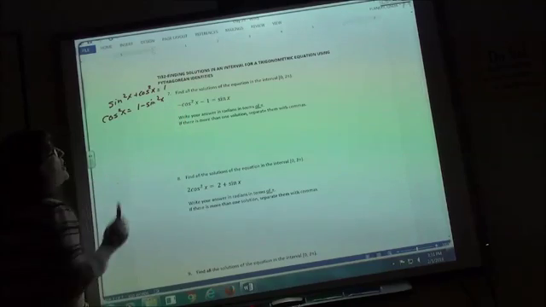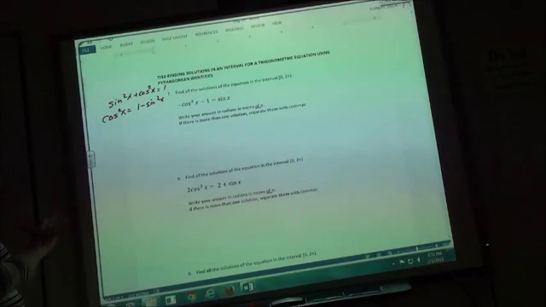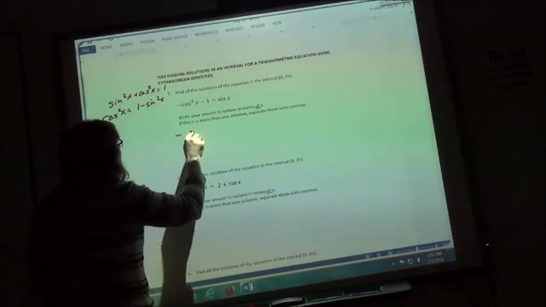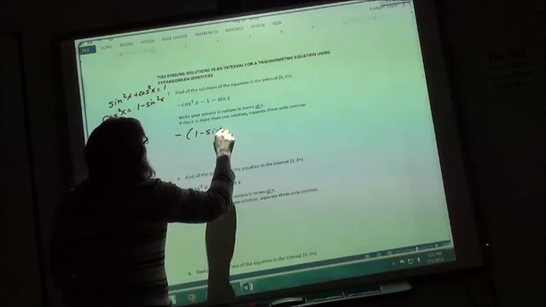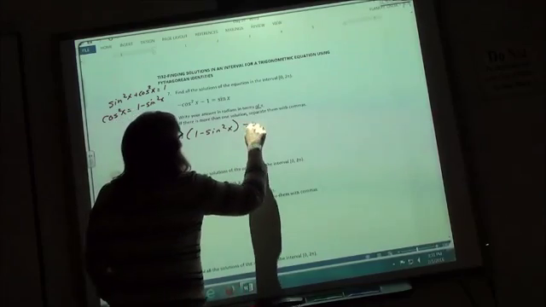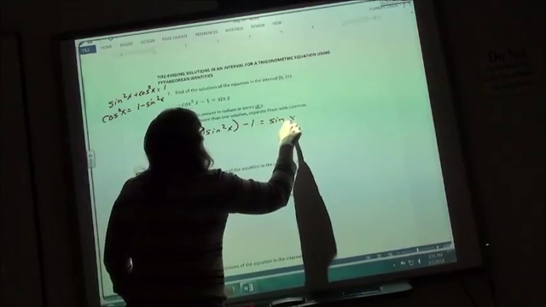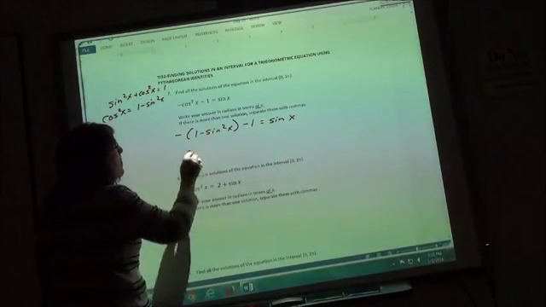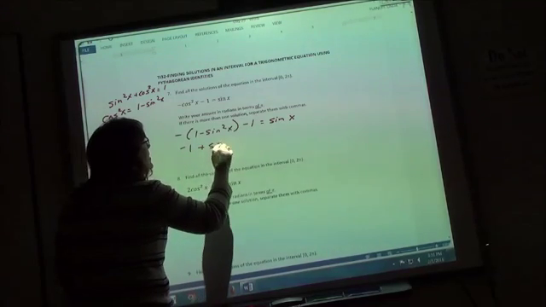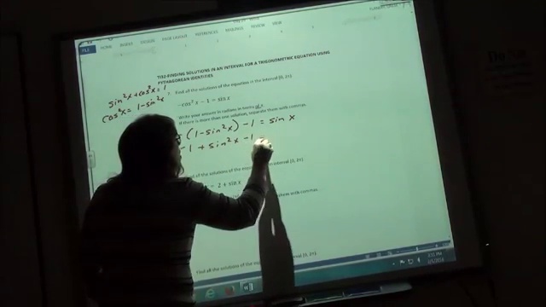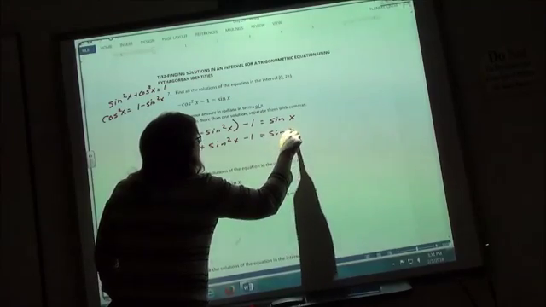I'm going to substitute that into my equation so that I have it written in terms of just sine only. So I'm going to have minus, 1 minus the sine squared of x, minus 1 equals the sine of x. Using my distributive property, negative 1 plus the sine squared of x minus 1 equals the sine of x.